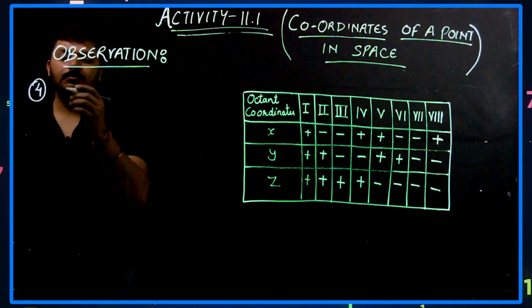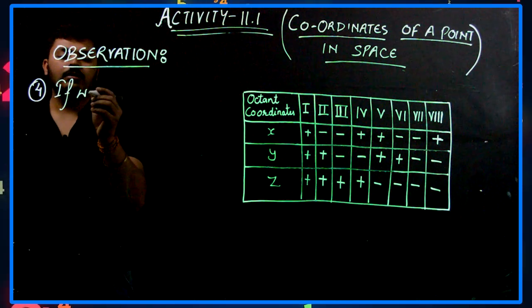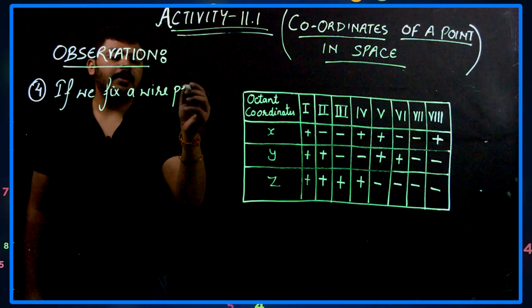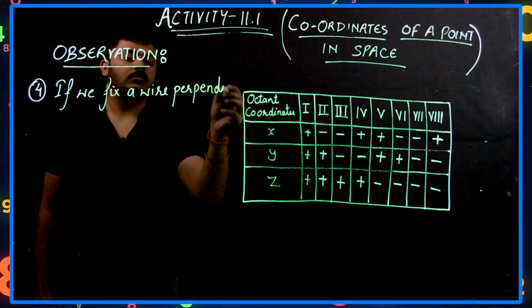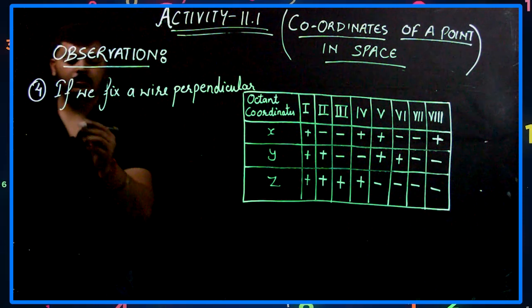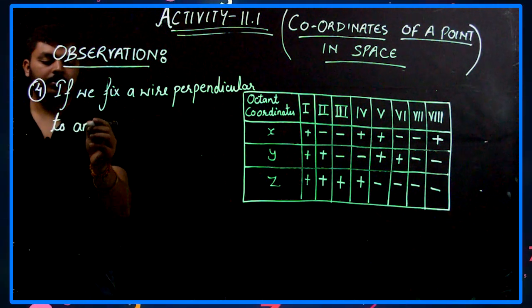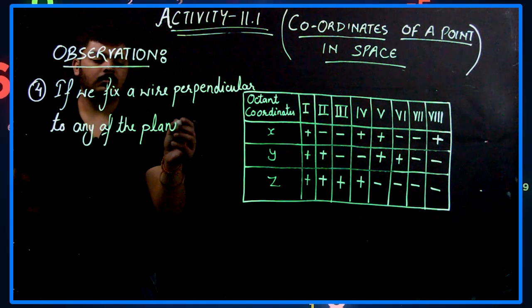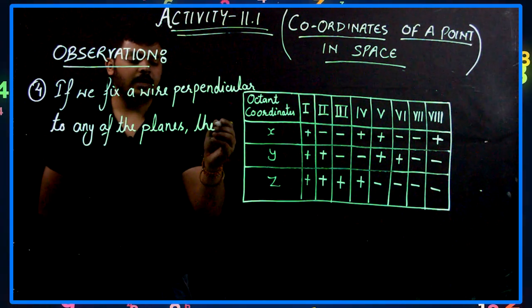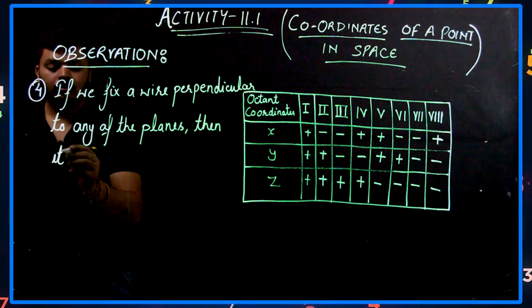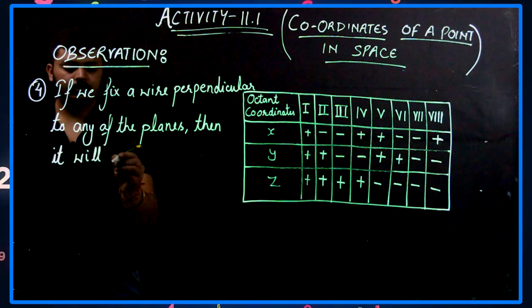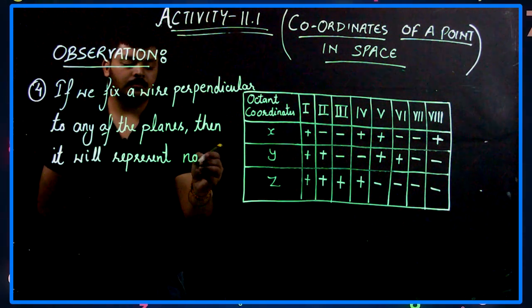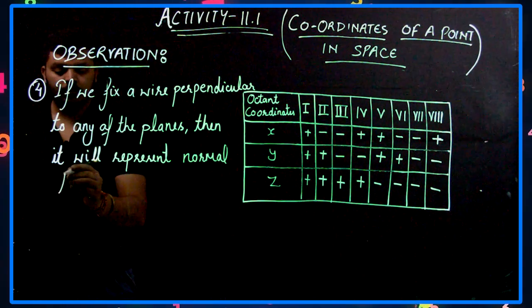Our fourth observation is, if we fix a wire perpendicular to any of the planes, then it will represent the normal to the plane.